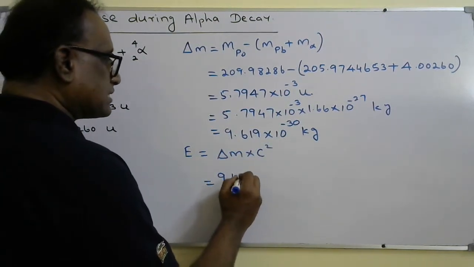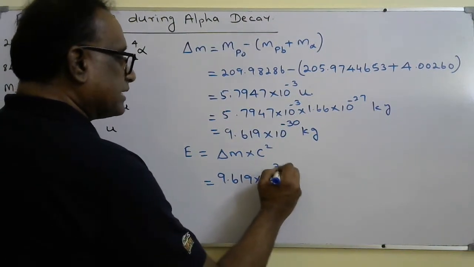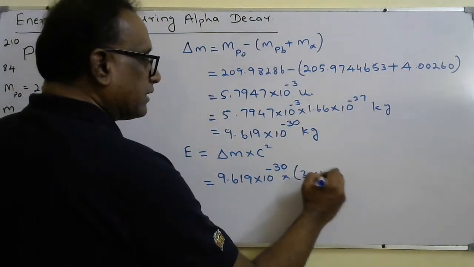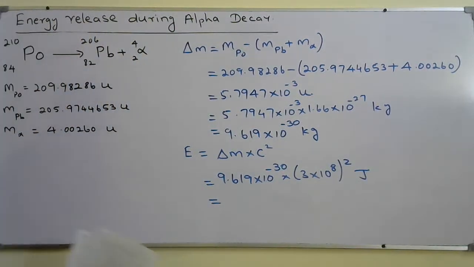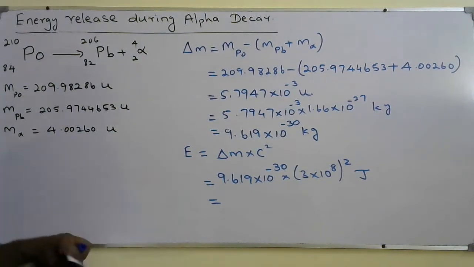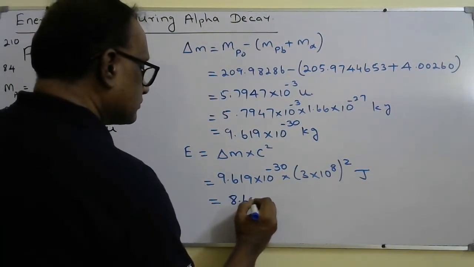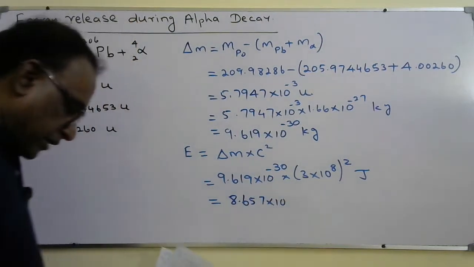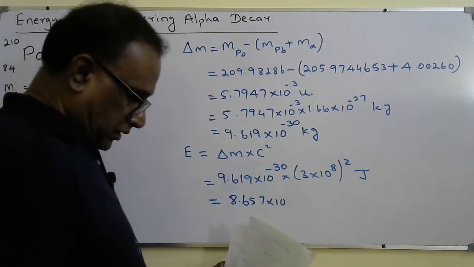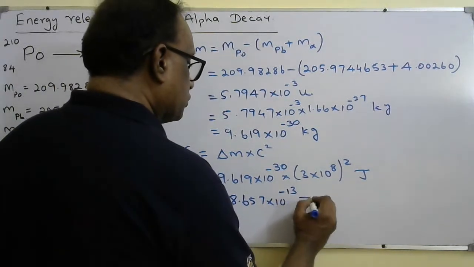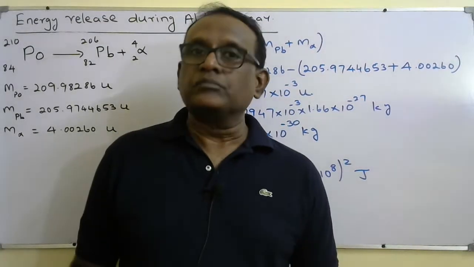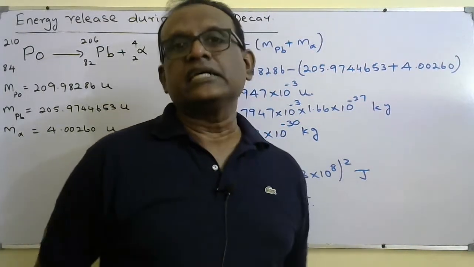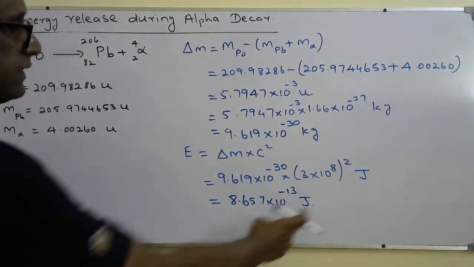So 9.619 times 10 to the power minus 30 into 3 times 10 to the power 8, all squared, joules. There you will get 8.657 times 10 to the power minus 13 joules. That's the energy released totally, as the sum of the kinetic energy of alpha and the daughter nucleus together.